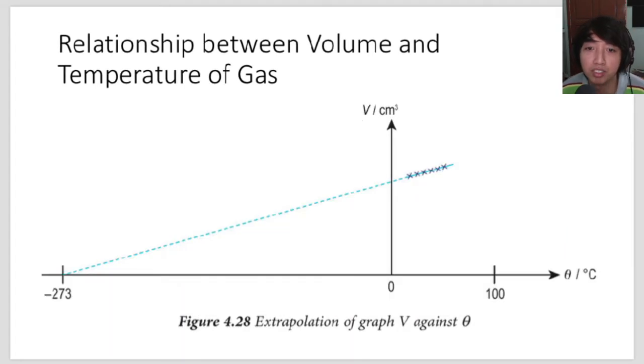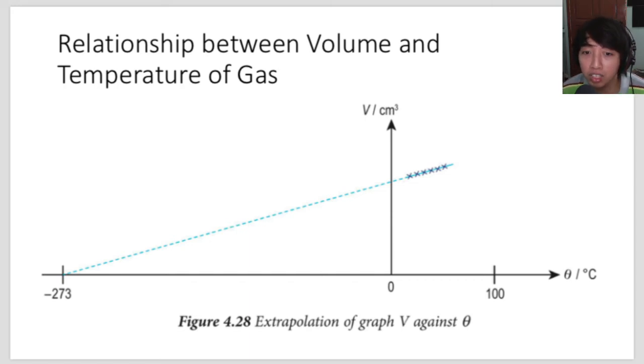So what happens? If we were to make a graph in Celsius, this is an example of a graph that you plot. You take different temperatures and measure the different volumes, which is why there are those little X's. If you connect all the dots, you create a straight line.